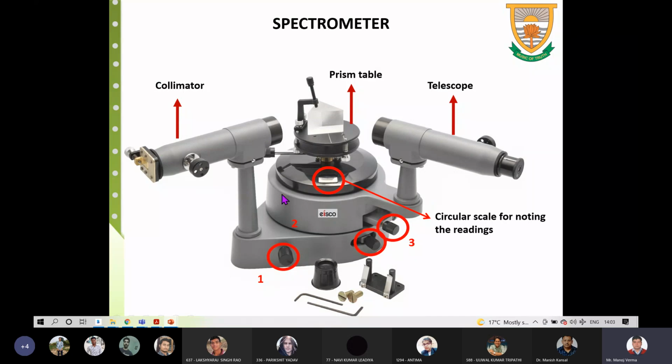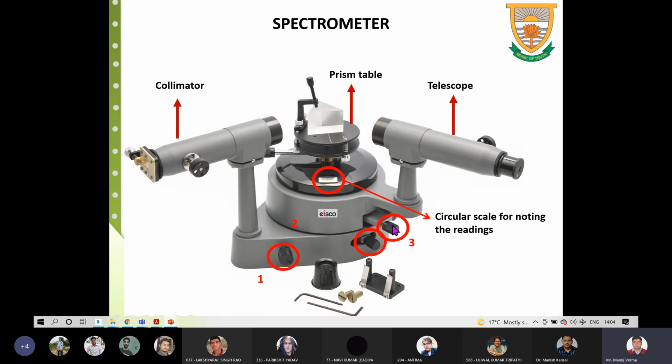There are some more things for reading. Of course, for taking observations, we have to use this circular scale beneath the prism table. There are also some more settings which allow us either to rotate the telescope freely in the horizontal direction or to fix it.